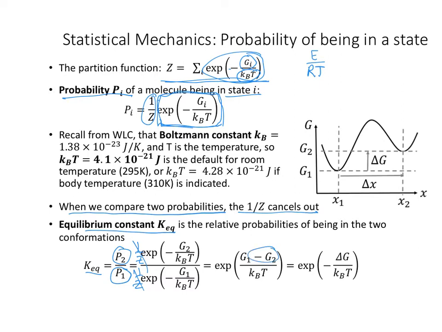So that's the minus G2 minus a minus G1, which is a plus G1. And then we already defined G2 minus G1 as delta G, and so that reintroduces a negative here since this is G1 minus G2. And we have this value for K equilibrium. That is, the equilibrium constant between the two depends on the ratio of the difference in energy between the two divided by thermal energy.